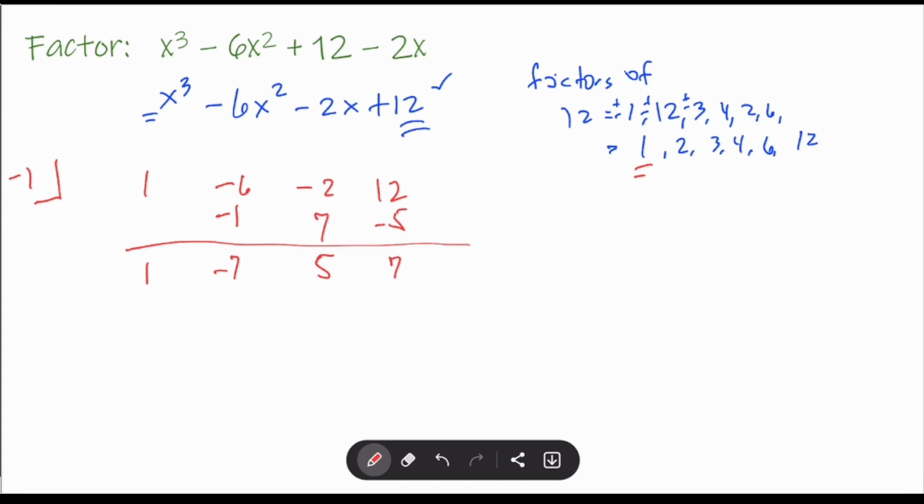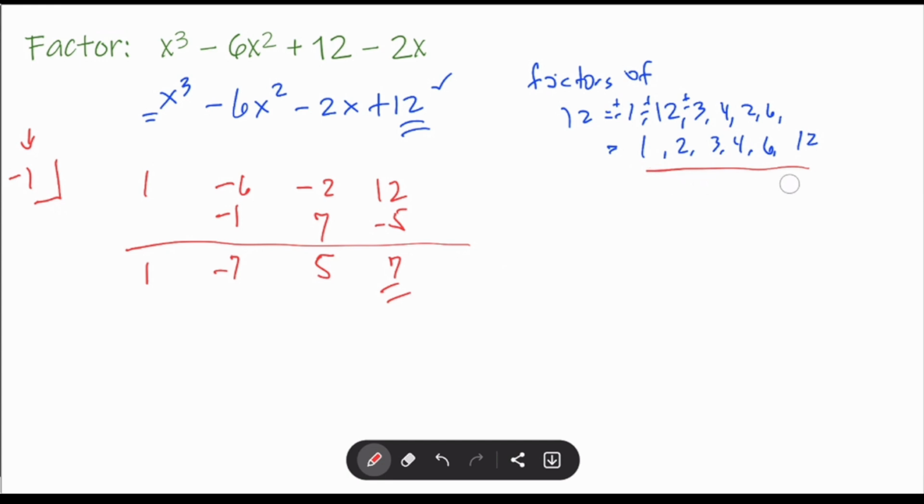So it will end up with a remainder. So that means negative 1 is not the number that we are looking for. So we're going to continue doing that. But as I said, there are so many numbers to possibly put here. That's why we are having this, so that we are only limiting those numbers to put on that box until such time you get the answer.